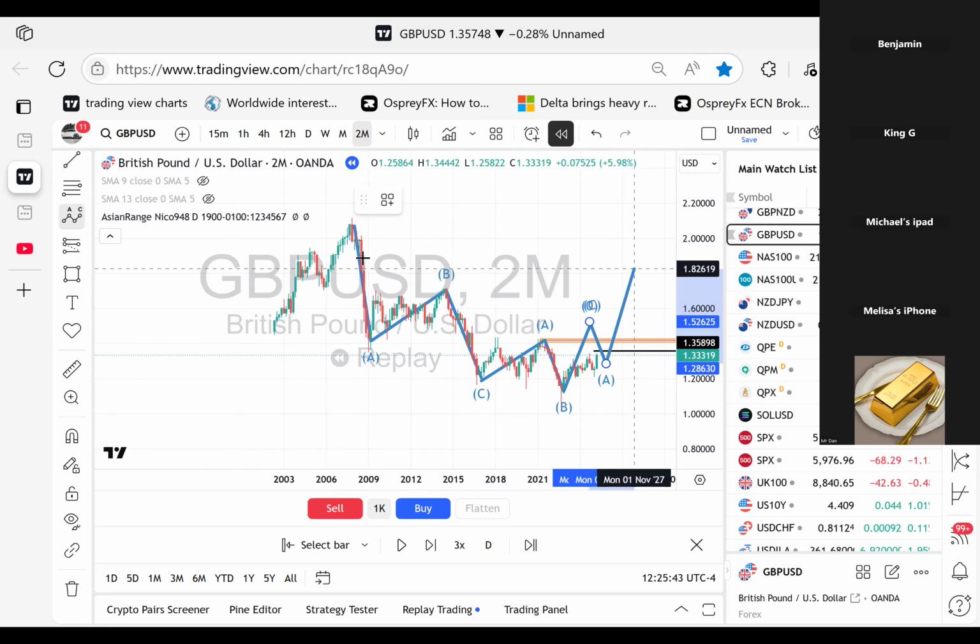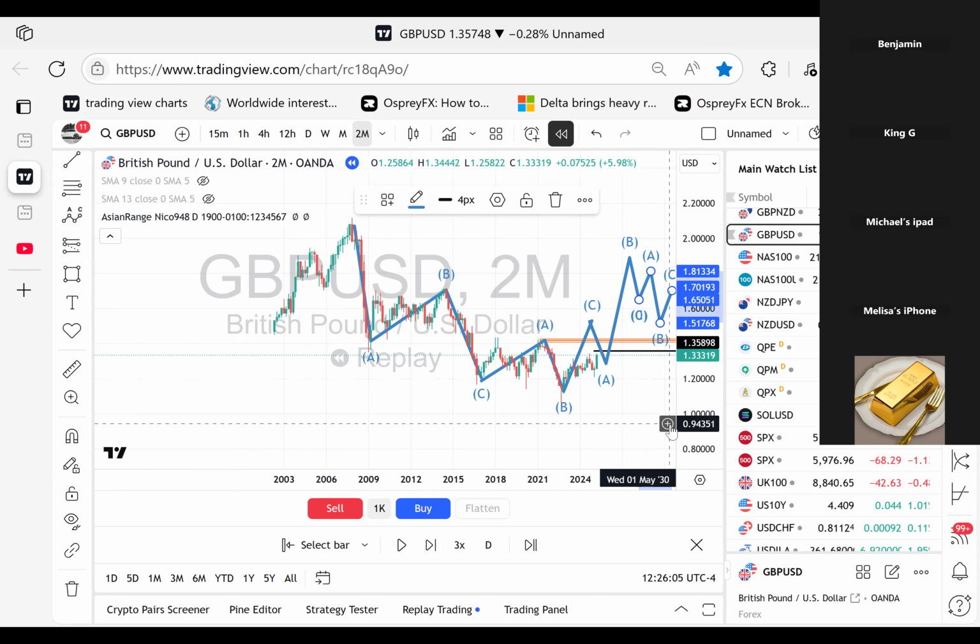And maybe go into this imbalance. And then you might get some move like this. And when we break that low, that's telling you, hey, this market is about to sell back down.